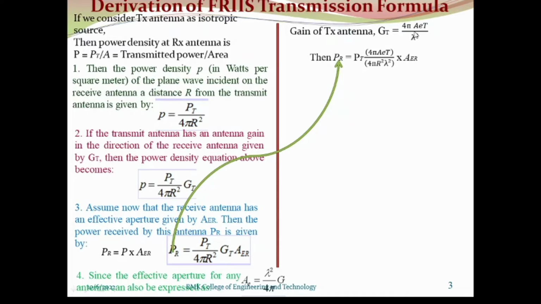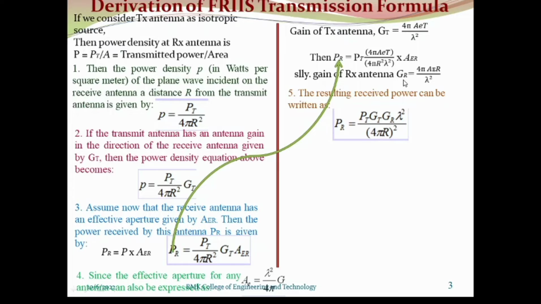Now we have to substitute this GT value in this formula of PR. Then PR can be expanded: PT multiplied with 4 pi AET by 4 pi R squared lambda squared into AER. Here the 4 pi terms will be cancelled, and remaining we have GR is equal to 4 pi AER by lambda squared. Similarly, we calculate the same way for the gain of the receiver.